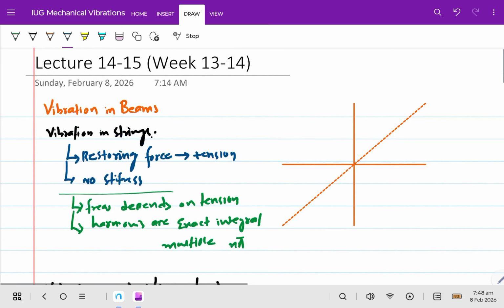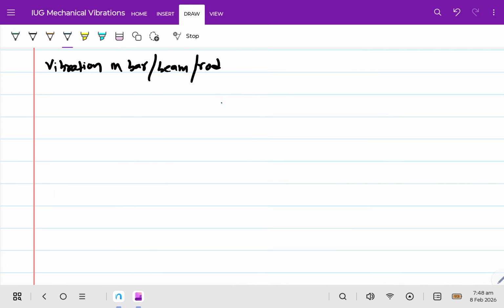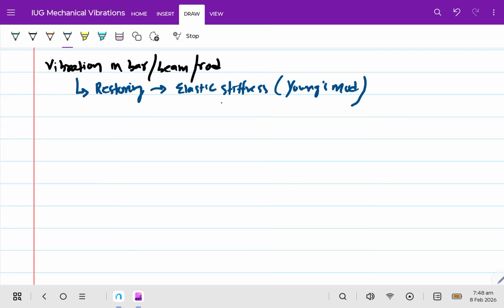In the vibration of bars, beams, or rods, because now we have a 3D geometry, the restoring force is actually the stiffness of the material. The restoring force is because of the elastic stiffness, or Young's modulus. And it does have some rigidity, bending rigidity.